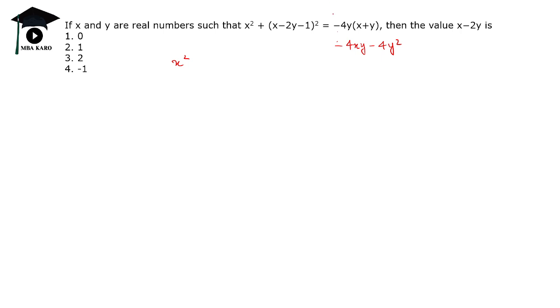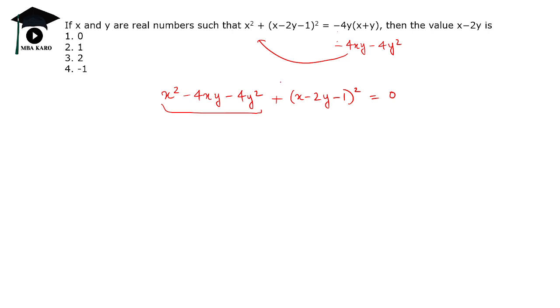Okay, this is the right hand side, and if we bring it this side, it will become x square minus 4xy minus 4y square, plus x minus 2y minus 1 whole square, that will be equal to 0. Sorry, this will become plus when we bring it to the left hand side, since it is negative sign here.